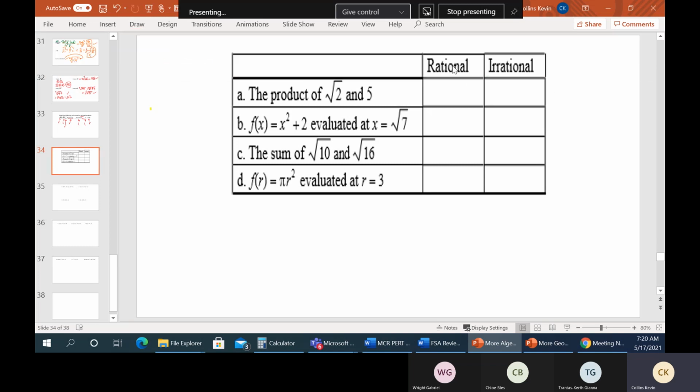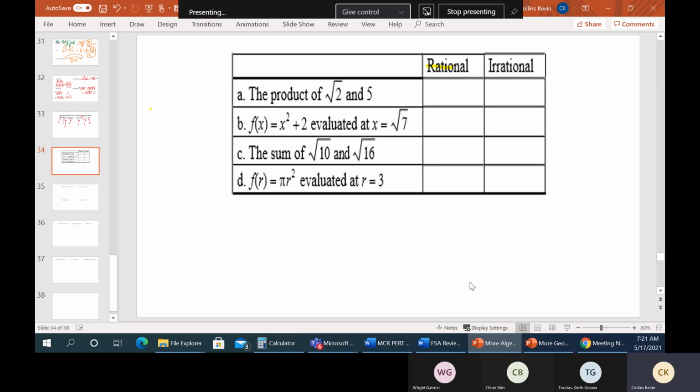Irrational is a very small group of numbers typically. It is like a square root of a number that is not a perfect square. Pi is an example of an irrational number, and also something called e, but we don't really get into that much. So let's go ahead and look at these, figure out if we got rational or irrational.